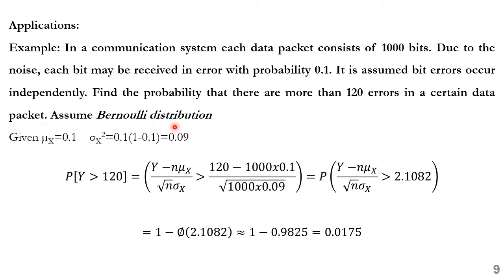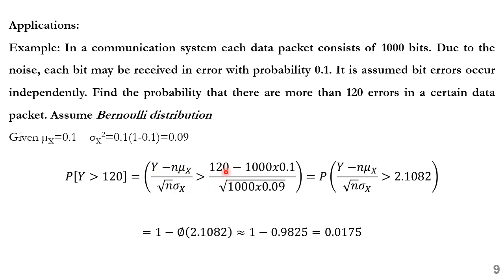Assume Bernoulli distribution. So given here, you can understand the mean probability is 0.1. Sigma x square can be computed here as 0.1 into (1 minus 0.1), that gives you 0.09. The probability of y value greater than 120 errors is given by, we are considering (y minus n mu x) divided by (root n sigma x).